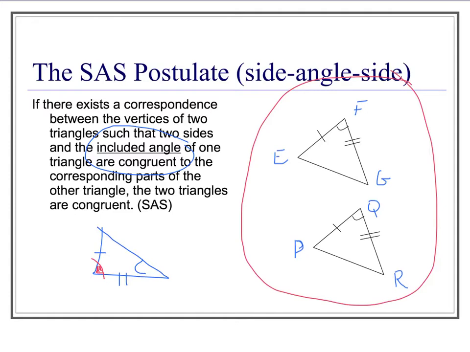Side EF, angle F, side FG, those are congruent to line segment PQ, angle Q, and line segment QR respectively. Therefore, without a shadow of a doubt, we can say triangle EFG is congruent to triangle PQR by the side angle side postulate.